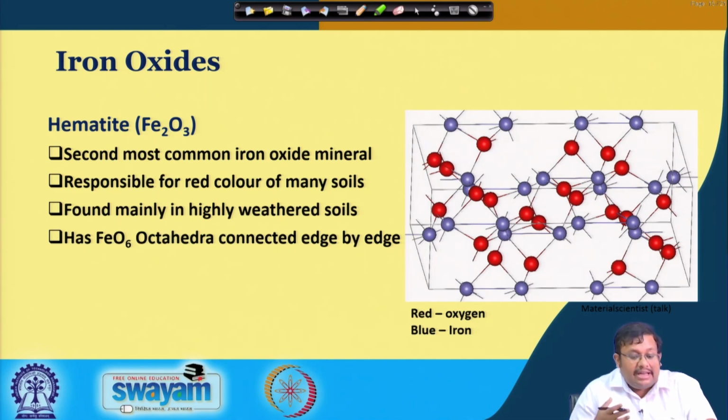It is mainly found in highly weathered soils, as we have already discussed that these oxides are present in highly weathered soils because of chemical weathering, and it has FeO6 octahedra connected edge by edge. So, this is the structure of hematite, where these red dots show the oxygen, whereas these blue dots show the iron.